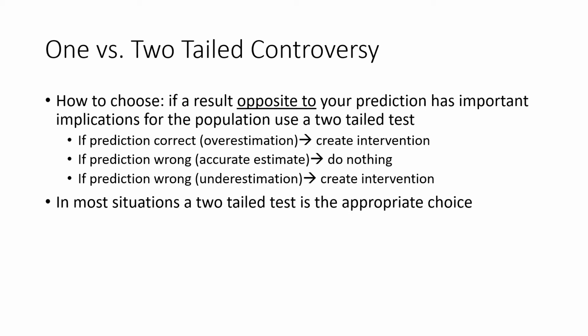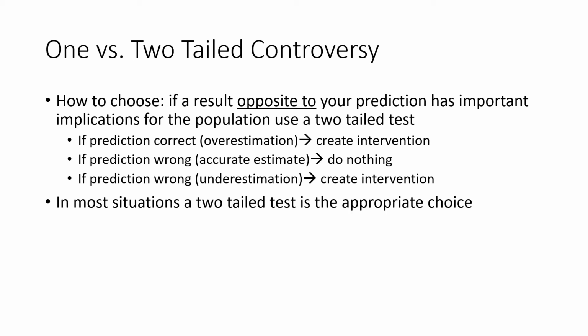If your prediction is wrong and the students are actually accurate in their estimates, you're probably going to do nothing because there's no problem. But you could be wrong in another way too. If your prediction is wrong and the students are actually underestimating their starting salaries, what would you do?